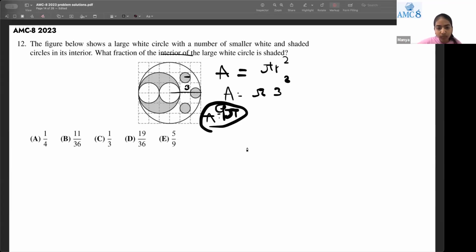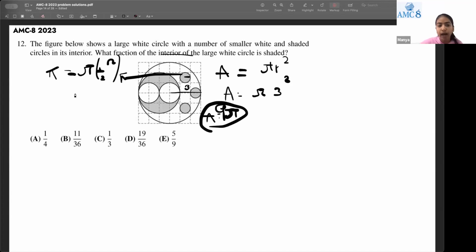So the area of these smaller circles would be equal to pi r squared, which is just pi times 1 by 2 squared.